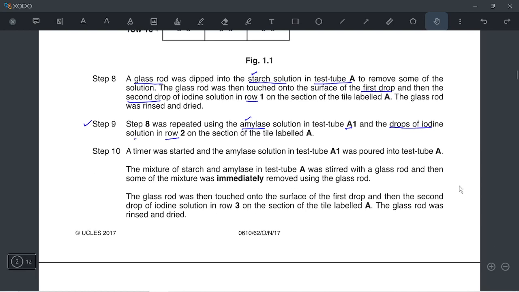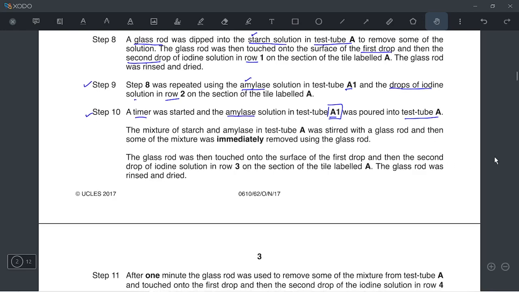Step 10. A timer was started and the amylase solution in test tube A1 was poured into test tube A. As you know, test tube A1 contains amylase enzyme and test tube A contains starch solution. Now they are mixed.